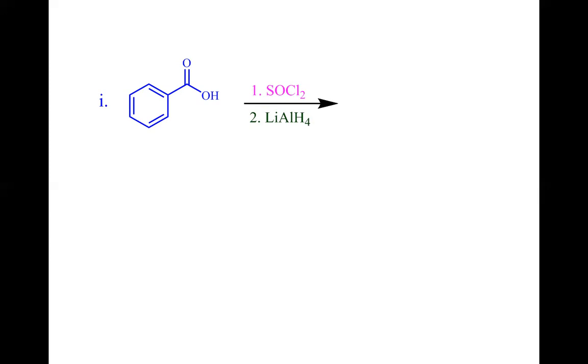So what will happen when this benzoic acid is treated with thionyl chloride? We simply have the formation of the acid chloride because of using SOCl2. And remember, this reaction may also be achieved using PCl3, phosphorus trichloride, or PCl5, phosphorus pentachloride. So all these three reagents will give us the same product. In this particular case, it is called the intermediate.